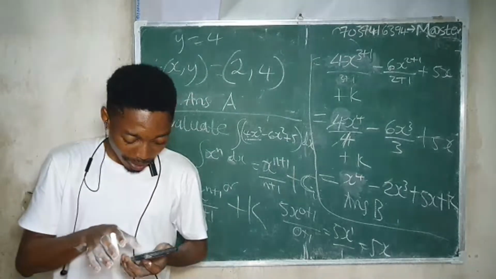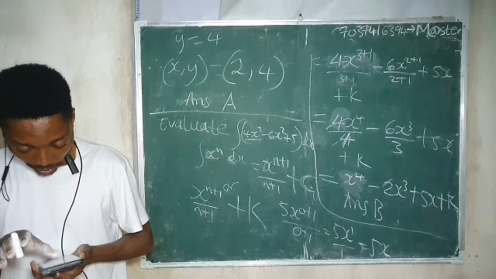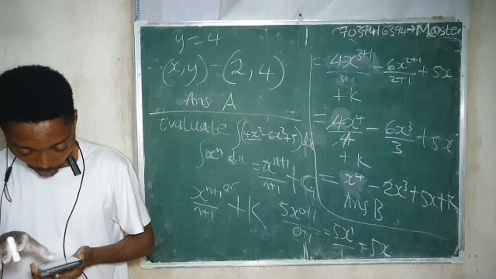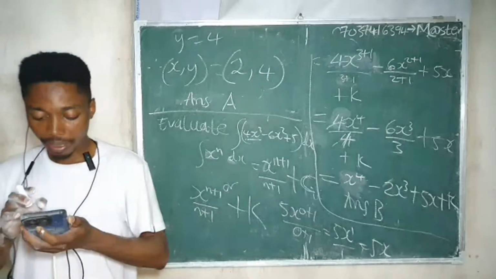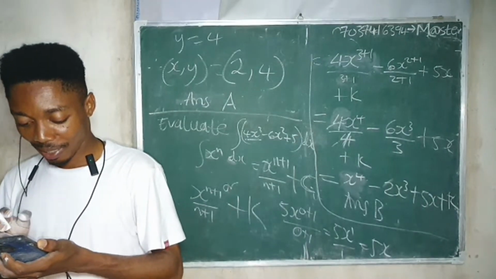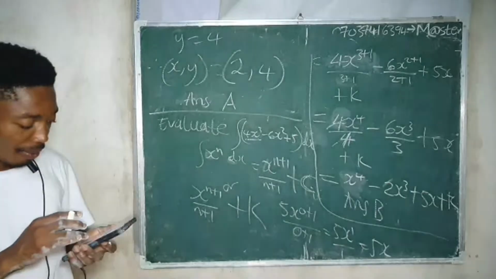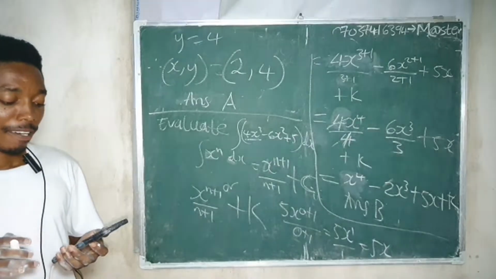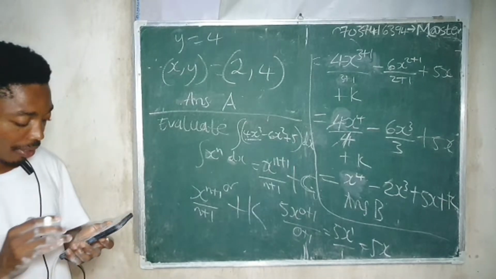Okay. It will interest me to treat one more question on definite integration. I'll give you an assignment. Or nah, let me treat number 6. Let's move to number 6.